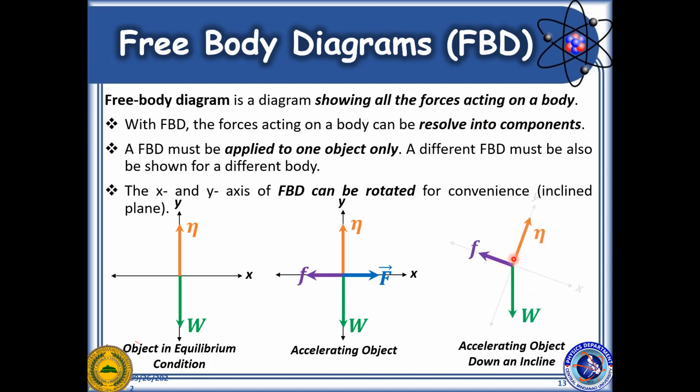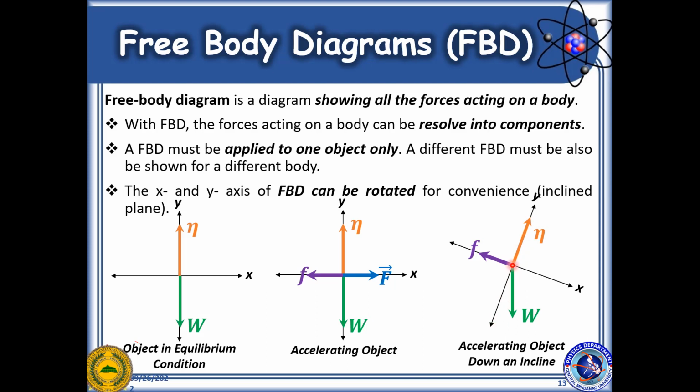So you have this one, the normal force. This is your surface. Take note that we have made the surface the x-axis so that our normal force is directed perpendicular, coinciding with the positive y-axis.